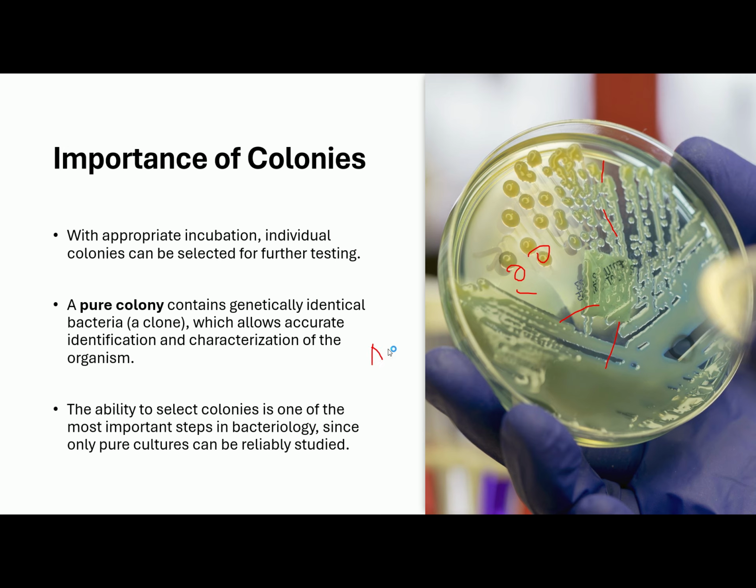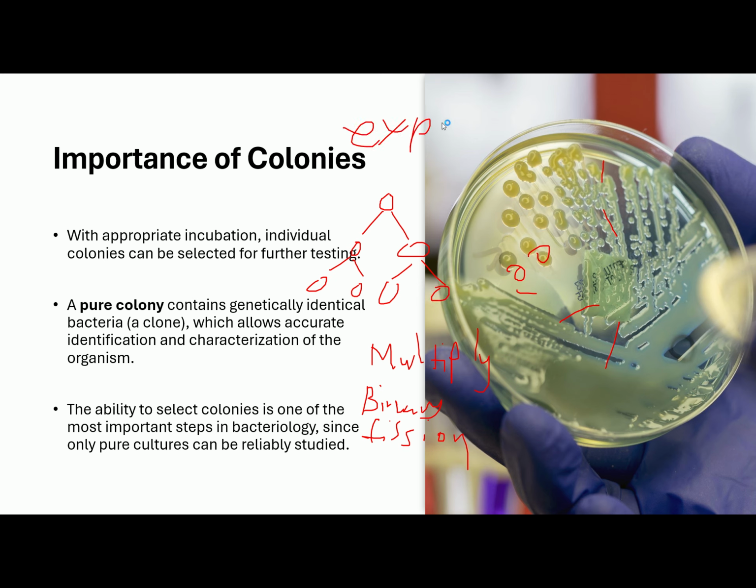If you still remember from your lecture, your bacteria usually multiply by the process known as binary fission. Fission is the opposite of fusion, right? Fusion is to combine, fission is to separate. So if you have a single bacterium, through binary fission, it would double. Then, they would double again, and so on.